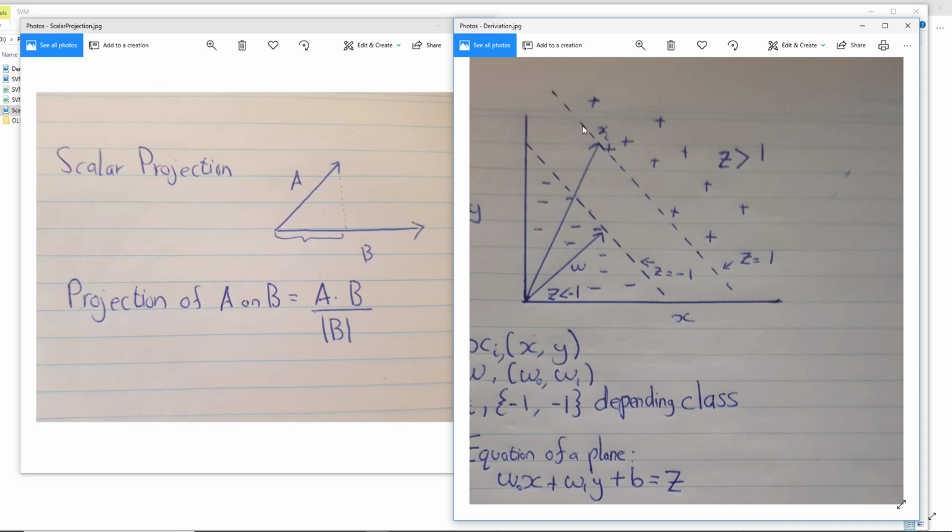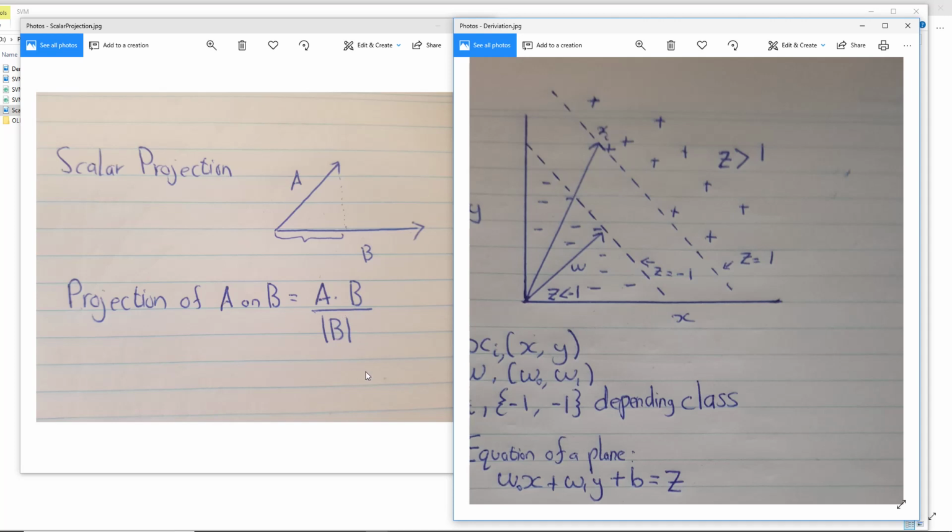And then we want the scalar projection, or the shadow cast by that vector on W, because that's going to give you the projection of this line on W, and that will give us the width of the street. So the projection of A on B will give us this curly thingy over here, which is going to be the width of our street, and that is given by this equation here, A dot B divided by the magnitude of B.